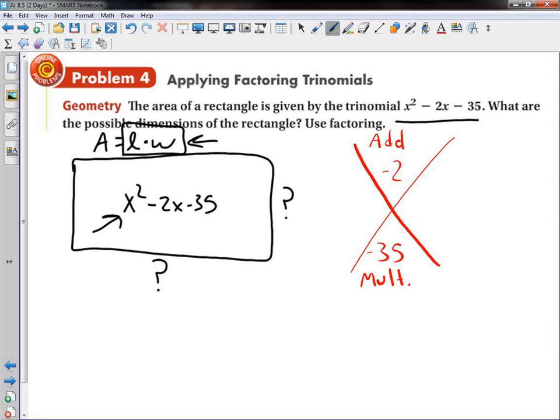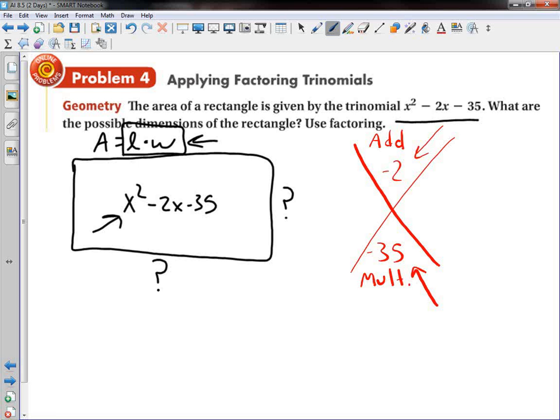Now, this is going to be one positive number and one negative number because the multiplication part is negative. And the negative number is going to be only slightly bigger, only bigger by 2. Okay? So I need to think about numbers that multiply to get 35 that are 2 apart.